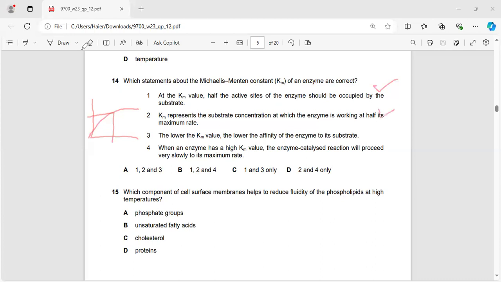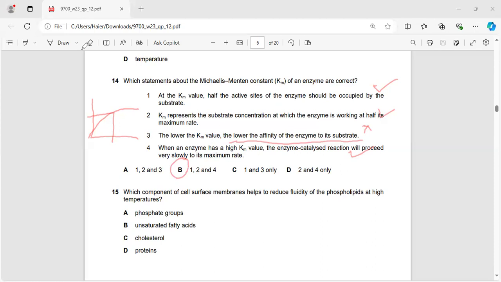Yes, this statement is also correct. The lower the Km value, the lower the affinity of the enzyme to its substrate. No. If the Km value is lower, it means the affinity of the enzyme to its substrate is higher. So this statement is not correct. When an enzyme has a high Km value, the enzyme catalyzed reaction will proceed very slowly to its maximum. This statement is also correct. So statements 1, 2, and 4 are correct, and B is the correct option.